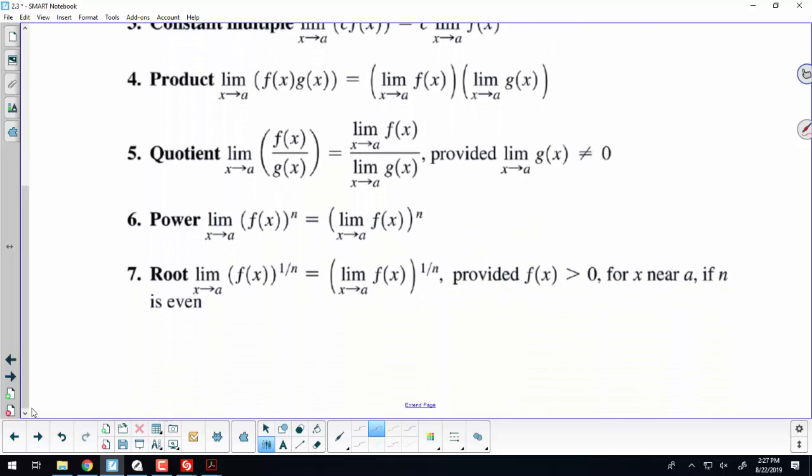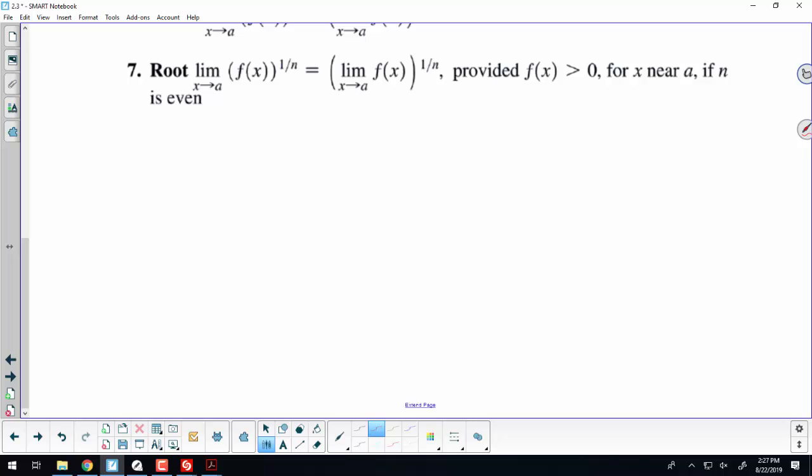So here, for 1 and 2, we'll look at some examples of that. Let's compute the limit as x approaches 2. It's kind of hard to do this without powers just yet. So what could we do here?